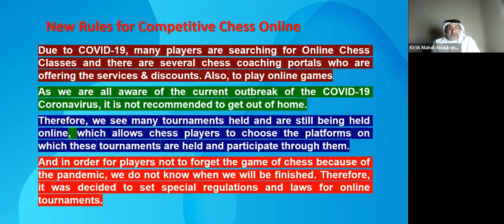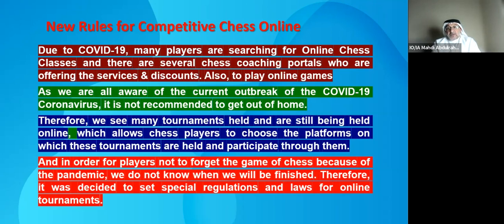But let me talk about the online. Therefore, we see many tournaments held and still being held online, which allows chess players to choose the platform on which these tournaments are held and participate.